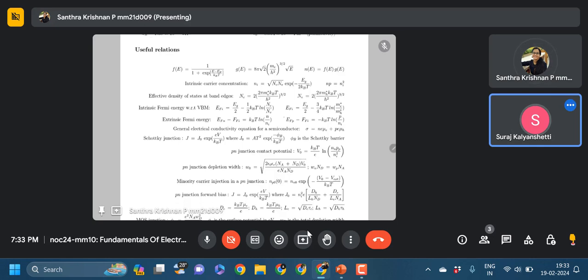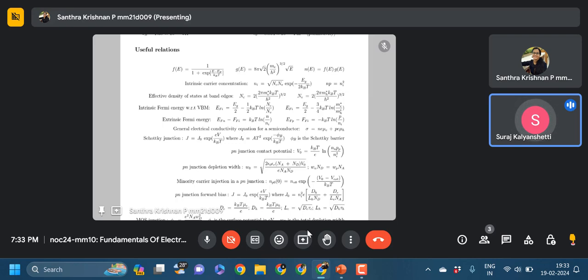Yeah, this one. So can you just note it down and try solving for it? Yeah, I'll do that. Let me note this down. EFN minus EFI is equal to KB T ln of N upon Ni.